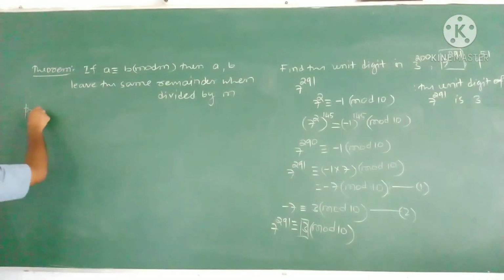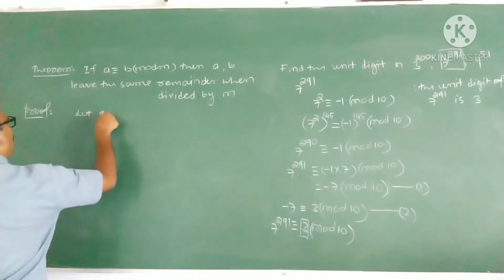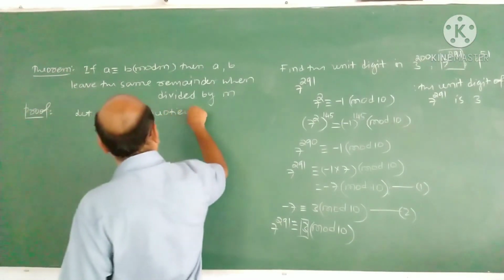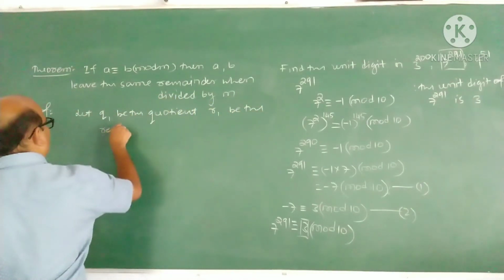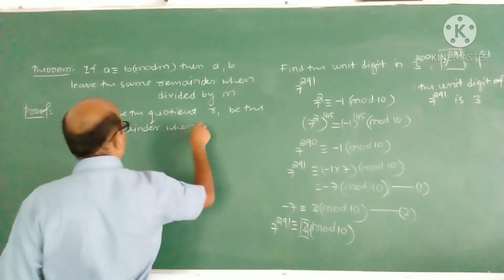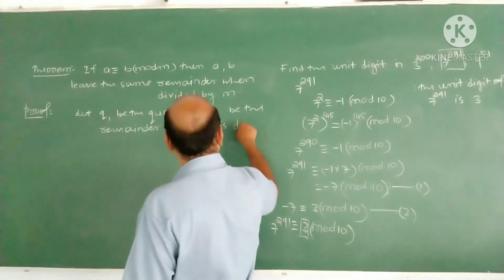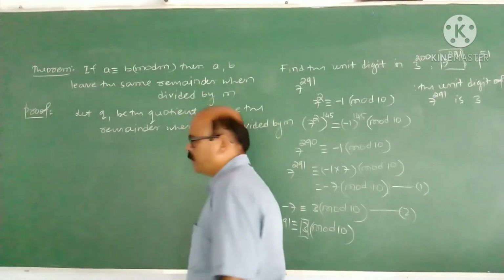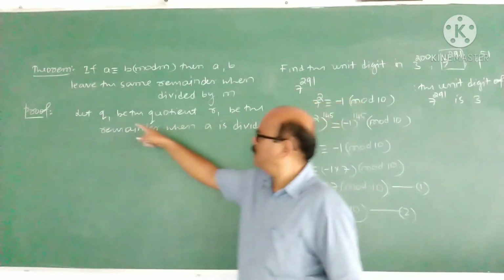We use only the definition of congruence modulo M here. Let Q1 be the quotient and R1 be the remainder when A is divided by M. Suppose A is divided by M. What is the quotient?